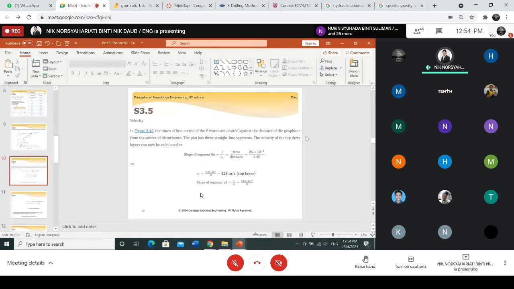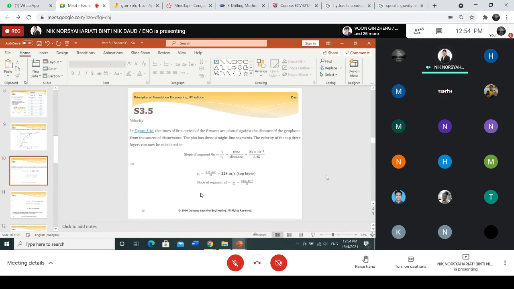Once you have this plot, you will have these three straight line segments. Then you can calculate the velocity for each segment, and each segment refers to a layer.